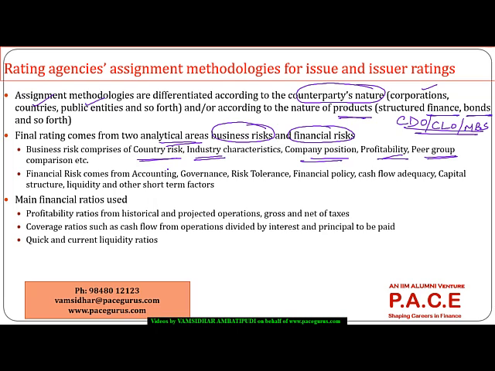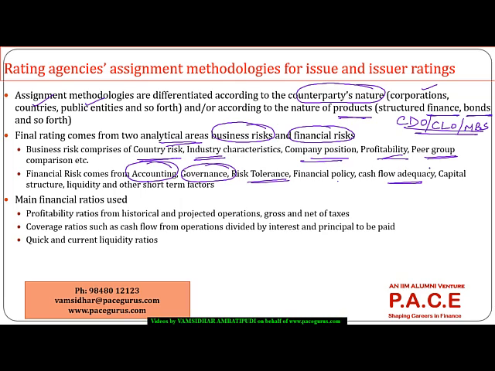Whereas the financial risk is purely coming from the practices that the company is following with respect to its accounting statements, the kind of governance aspects that are happening within the firm, the risk tolerance levels of the firm, financial policy, the adequacy of the capital, everything to do with the real financial movement.